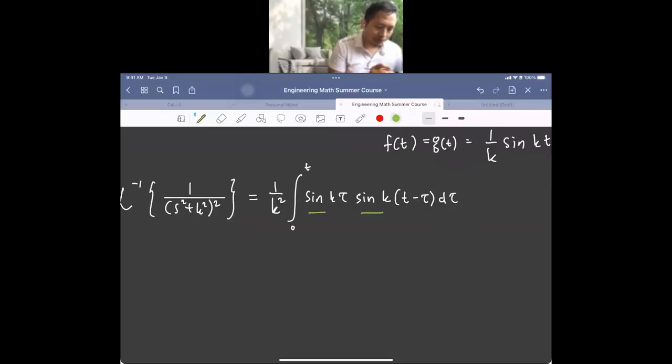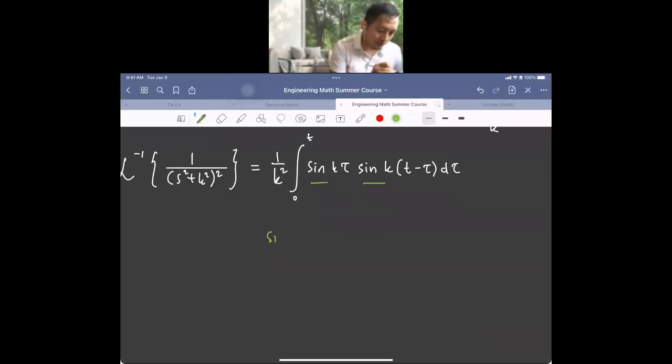Now for sine, and for other questions that have trigonometric multiplication, we can use trigonometric special forms, right? For sine, we remember that sine A sine B is half of cosine(A minus B) minus cosine(A plus B).